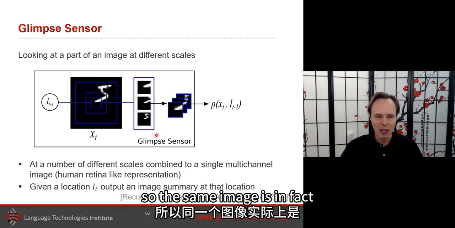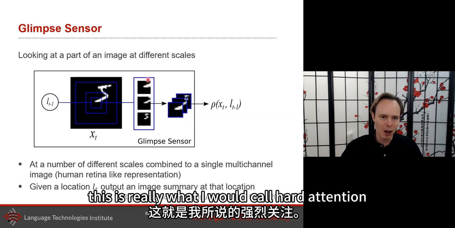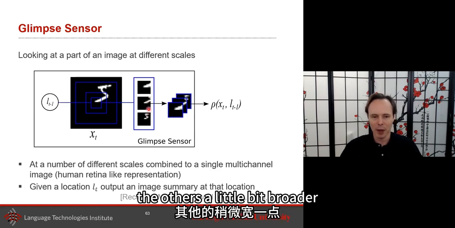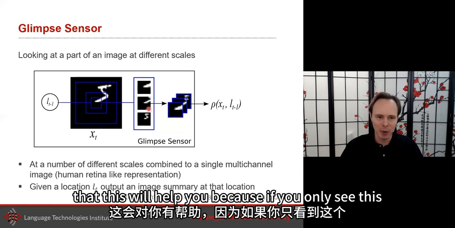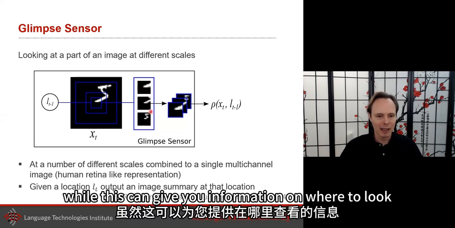So for the same glimpse, you get 3 versions of it. This is really what I would call hard attention, but in their paper, they also include the others, a little bit broader. And you can see that this will help you, because if you only see the sharp one, it may be hard to know where to look next, while the broader ones can give you information on where to look next.